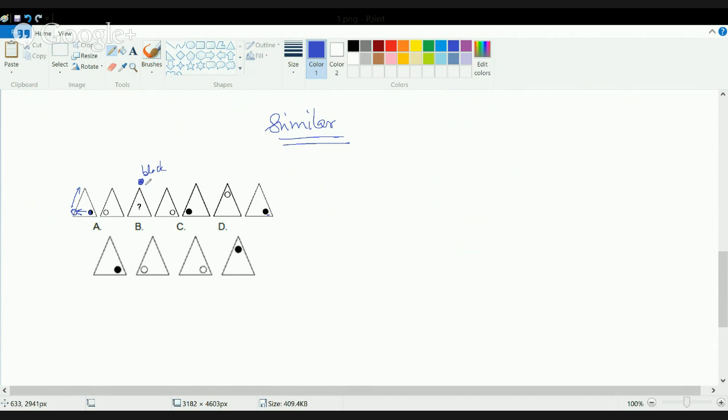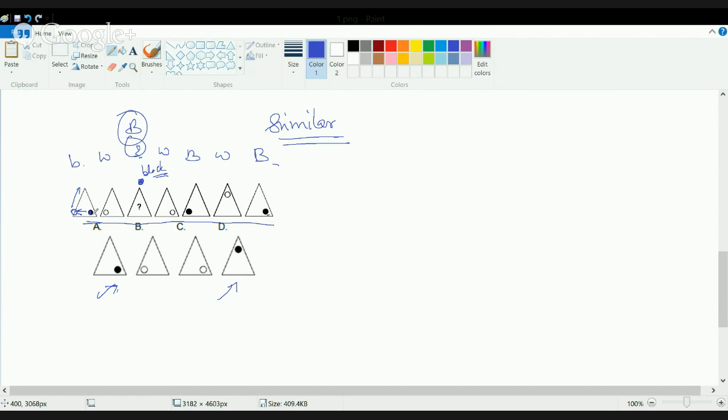So we can say that the choice should be such that the ball is first of all black in color. If we just see the above figure here, from the figure itself we can make out it's black, white, empty, that's the question mark. Then it's again white, black, white, and black. So that should be black. If we go by this logic, A and D can be the probable answers.